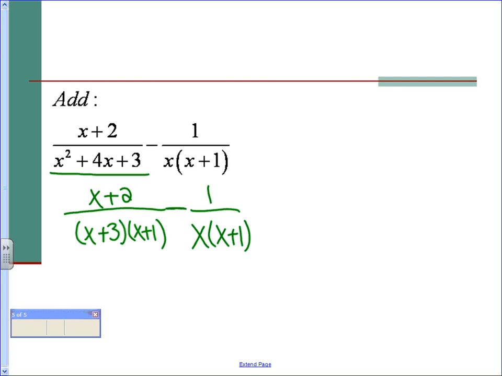Y'all agree so far? Y'all see how that works? All right. The common denominator is going to be what? Does that make sense?